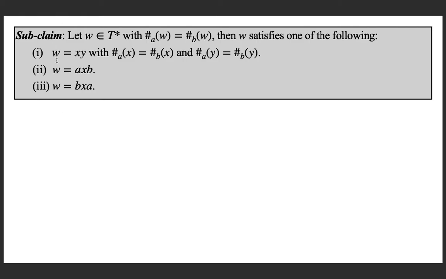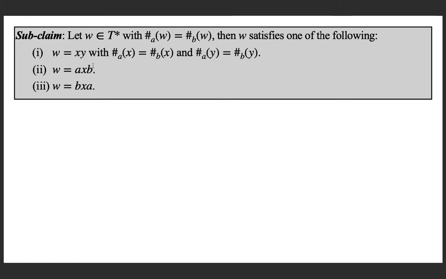First condition: W can be split as XY, such that both X and Y contain an equal number of A's and B's. That is, the number of A's in X is the same as the number of B's in X, and similarly for Y as well. So either you can split W into 2 strings X, Y such that both X and Y satisfy the same condition.